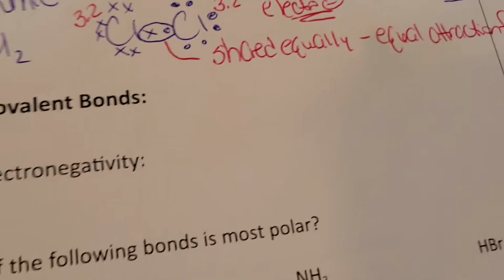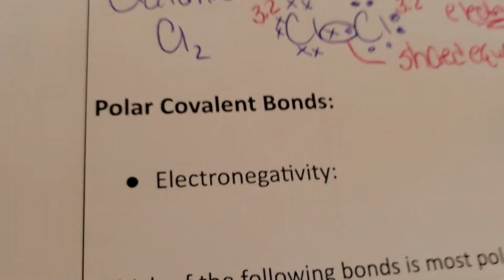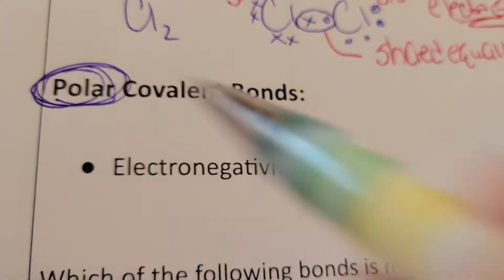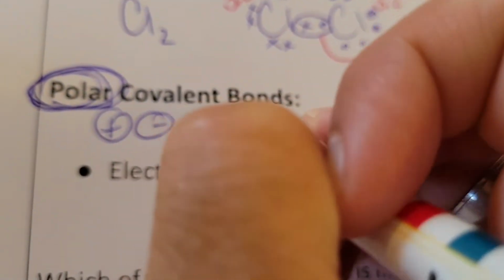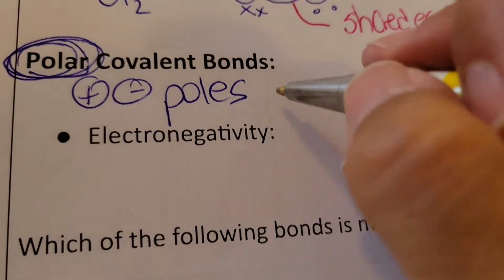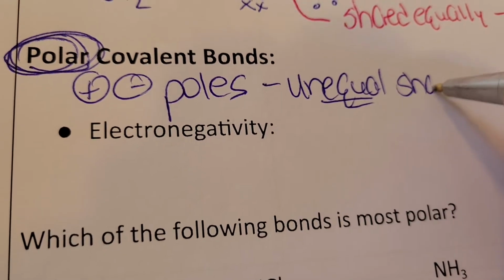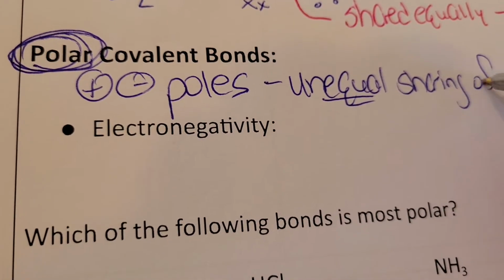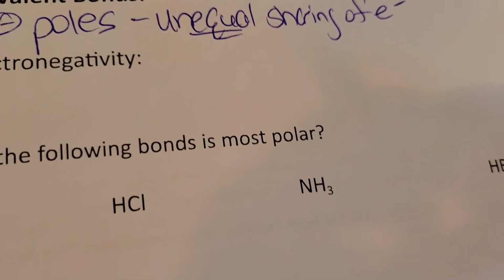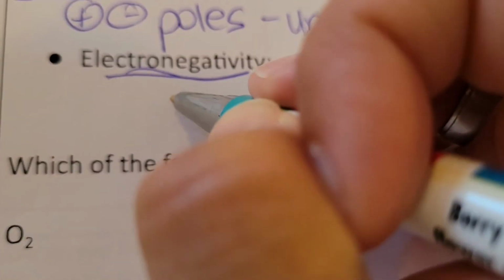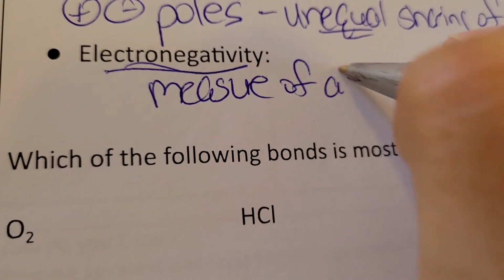When we're talking about polar covalent bonds, that now means that we have a positive and a negative pole. That means there's an unequal sharing of electrons. Electronegativity is our measure of attraction for electrons.